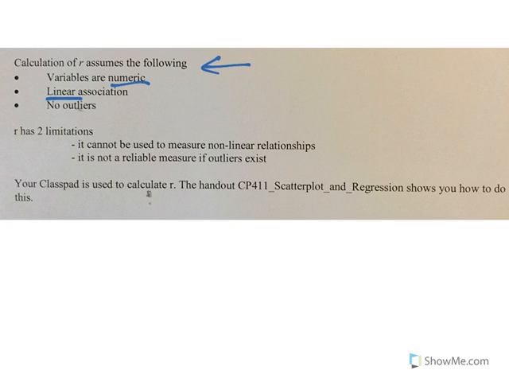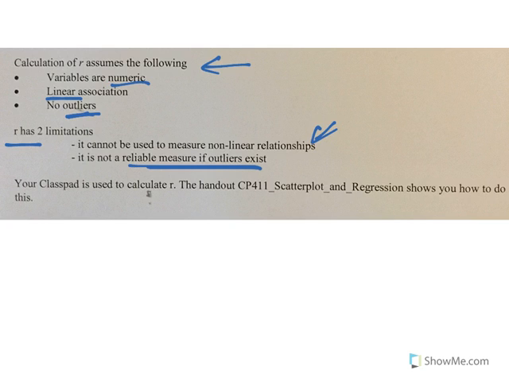There's a linear association, so this Pearson correlation coefficient doesn't work for curves. And the other thing is that there are no outliers. These limitations, as it says, I've already mentioned: it assumes linear, so it doesn't work for nonlinear. And it's not reliable if outliers exist, because the outliers skew it and change it.